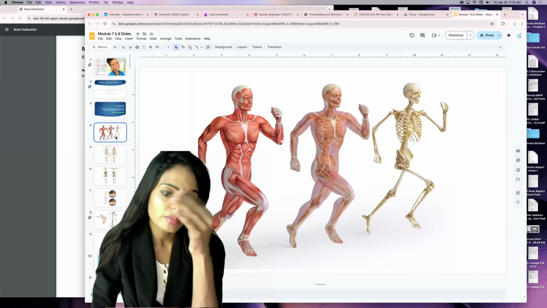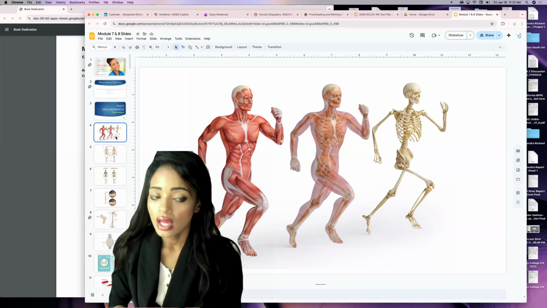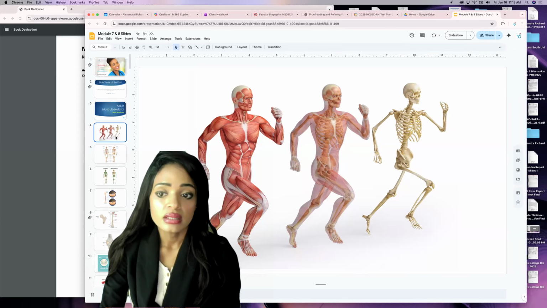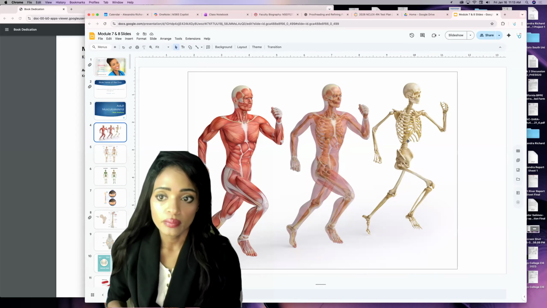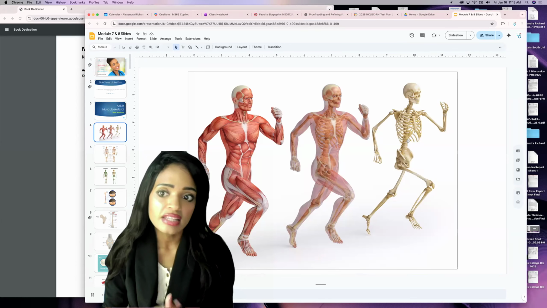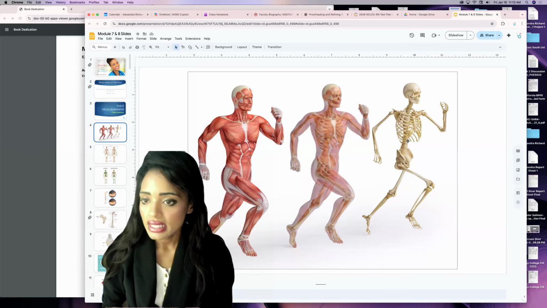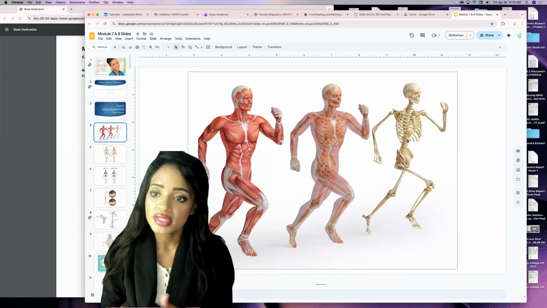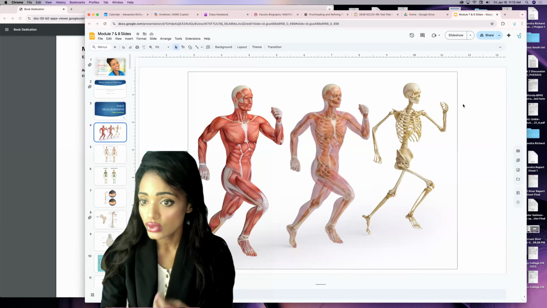So last week we spoke about just a brief review of the anatomy and physiology of the musculoskeletal system. So remember, your skeleton provides structure for your body. It provides a safe place for many of your organs to sit in and be protected. For example, the skull protects your brain, your ribs protect your lungs and also your heart, and so does your sternum.